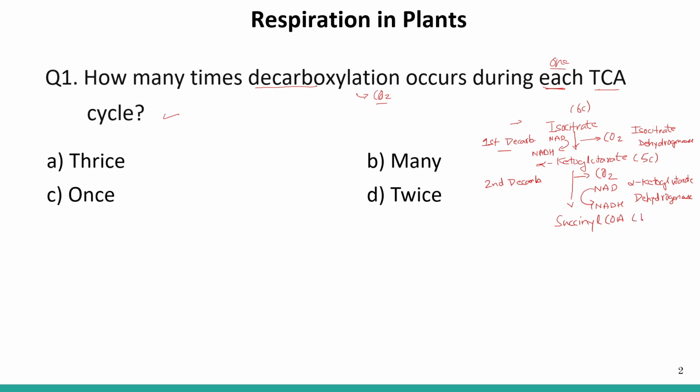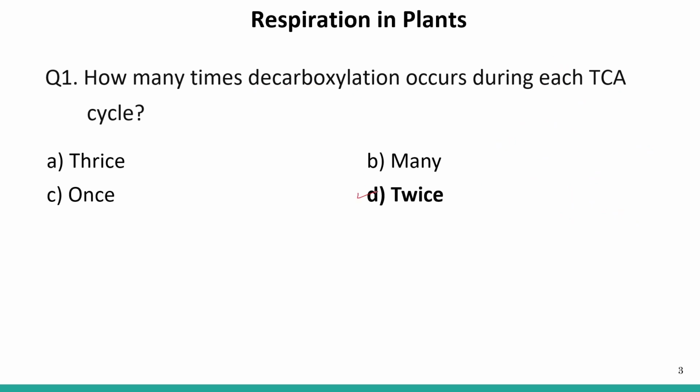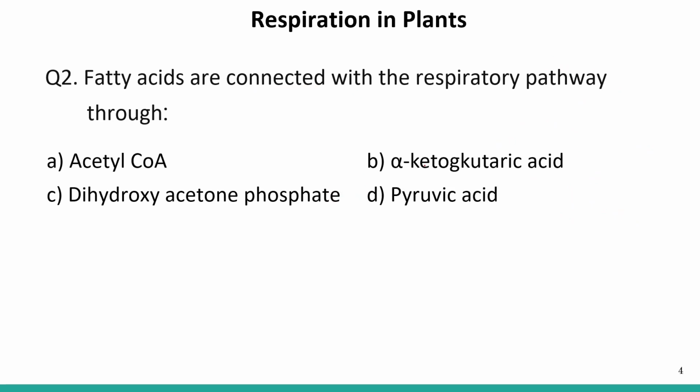Again, succinyl coenzyme A is a 4-carbon compound. Okay, and you can say coenzyme A is also getting added here. So what should be the answer? The answer should be twice. Okay, 2 times.